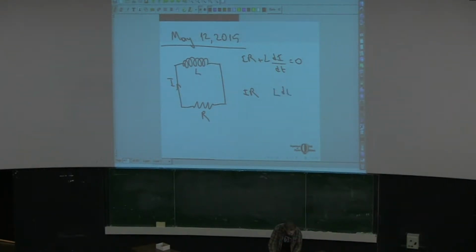It has to be the L di by dt, it might be positive or negative. Just to fix the sign, let's assume that I is increasing in time. So if I is increasing in time, then this inductor will try to prevent that change. So the inductor will be pushing charges from right to left.